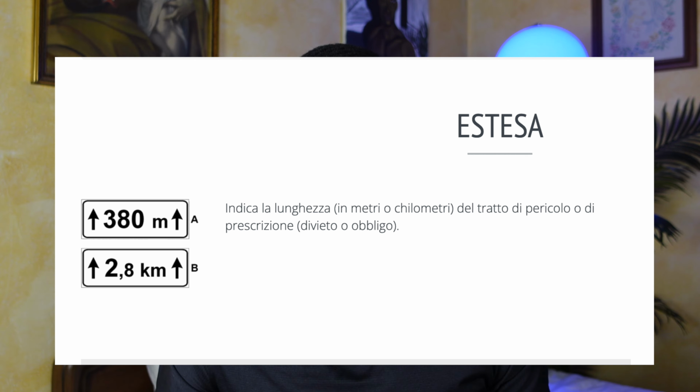Estesa. Looking at this one, you see we have 380 meters and we also have 2.8 kilometers. So the difference between this one and the distanza sign is that this one has an arrow pointing up while the distanza one has no arrow. So now we know the distanza one is letting us know that we have another 320 meters before we get to the pericolo.